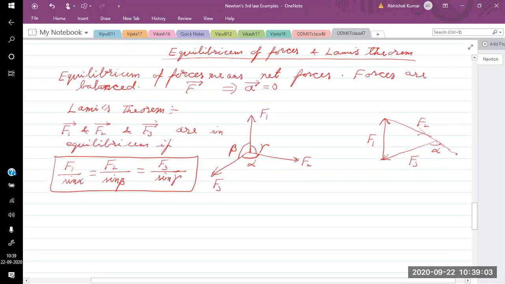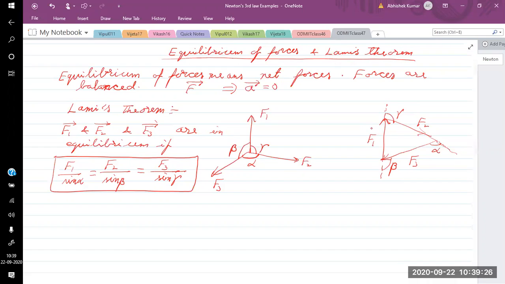If these three are making the closed triangle, then the net force is zero. In that case, this one is alpha, this one will be gamma, and this one will be beta. So if these three are forming a closed triangle, then the forces are balanced.